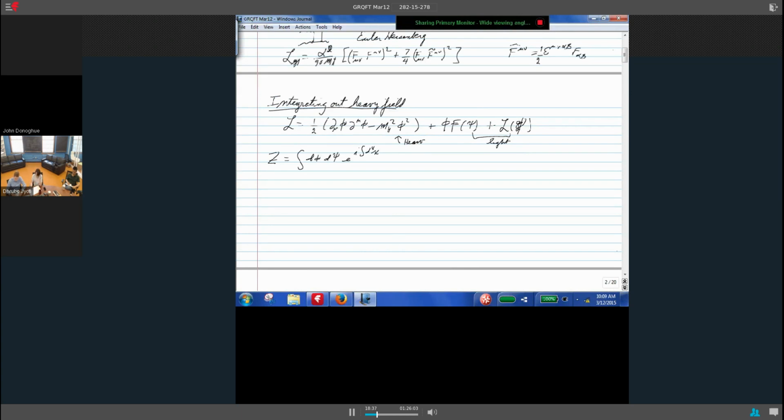So the full theory is defined by the path integral over d phi, d psi, e to the i integral d^4x of L of phi plus L of phi psi, which is the second term, plus L of psi.